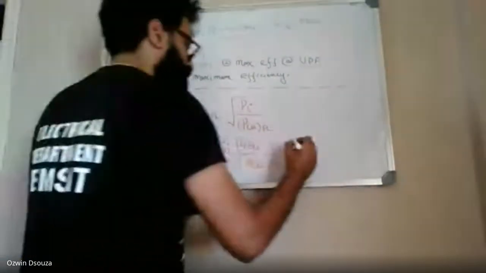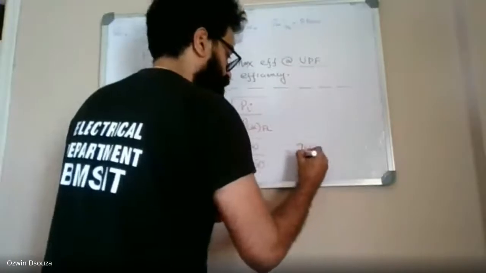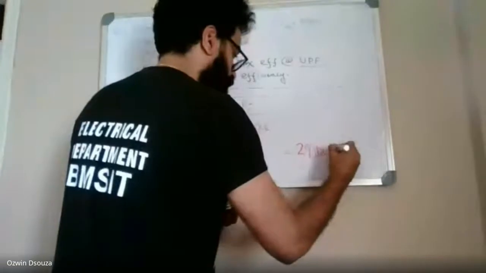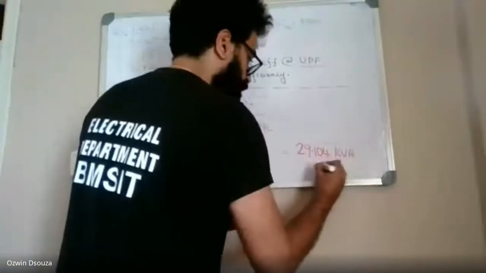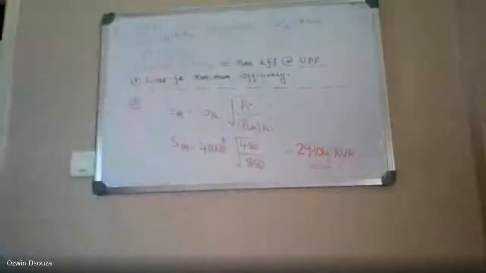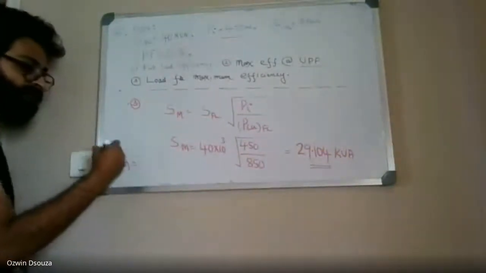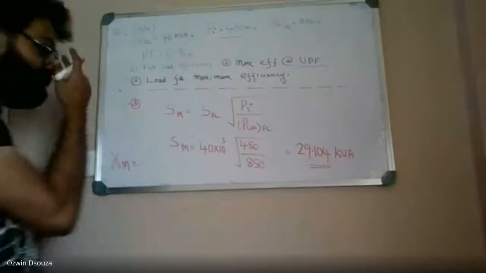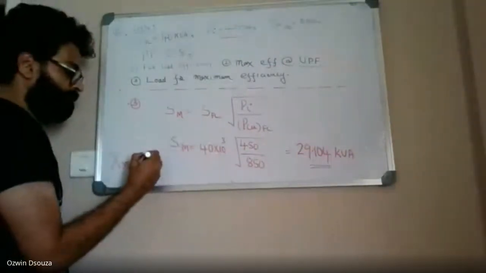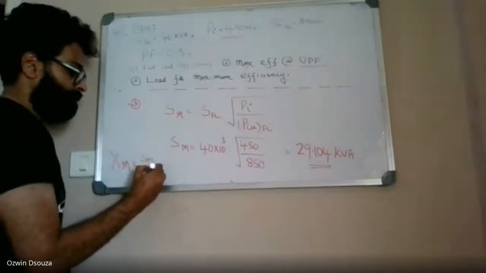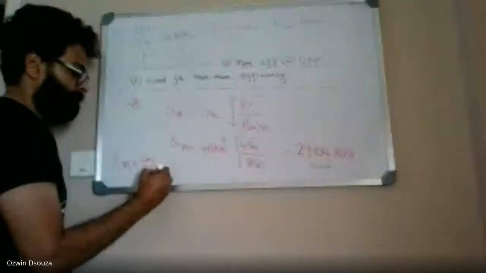So pretty straightforward. When you substitute, how much you'll get? It is 29.104 kilovolt amperes. Okay. X_m, or the load factor for maximum efficiency, is nothing but S_m by S_FL.